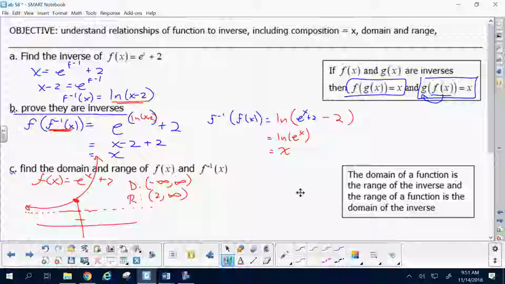Now let's consider the other function, f inverse, which is natural log of x minus 2. We know natural log normally has a vertical asymptote at x equals 0, but now it's going to be shifted which way?